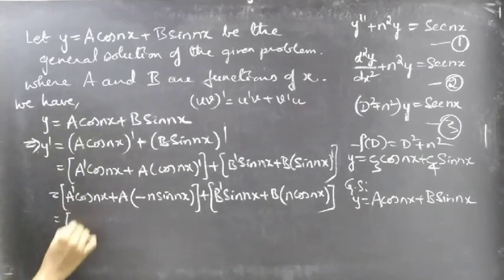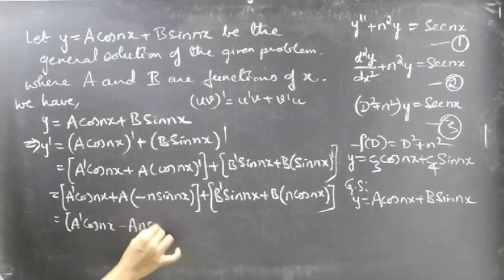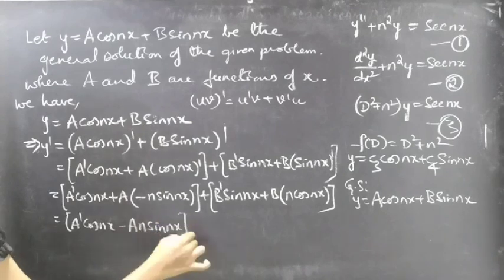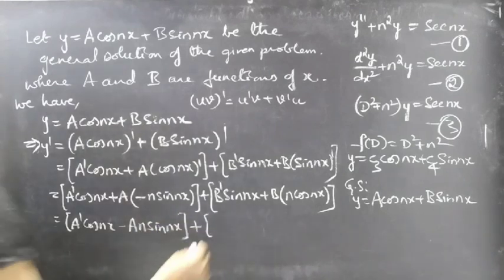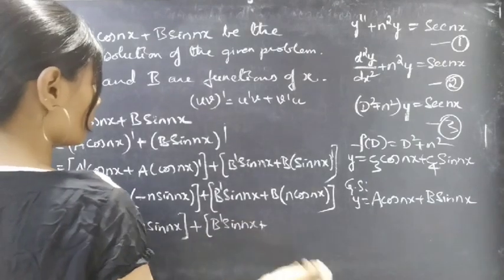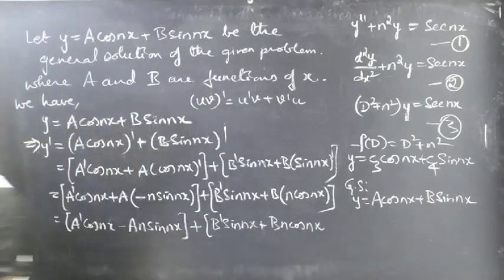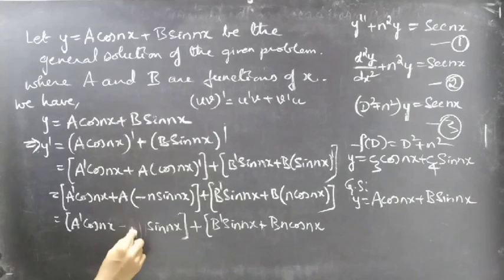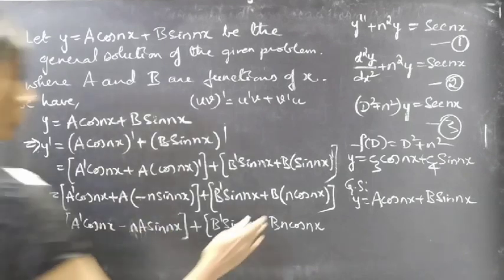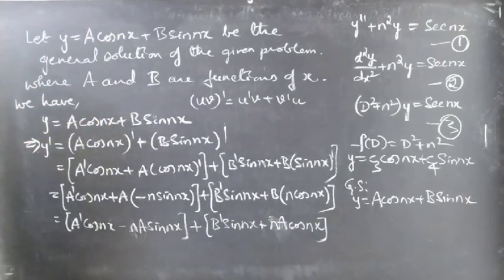This gives us a dash cos nx plus minus a n sin nx plus b dash sin nx plus b n cos nx. Let's write n a and n b. Just remove the brackets.